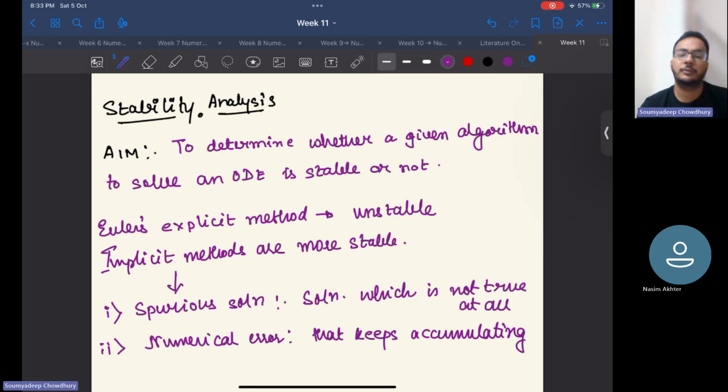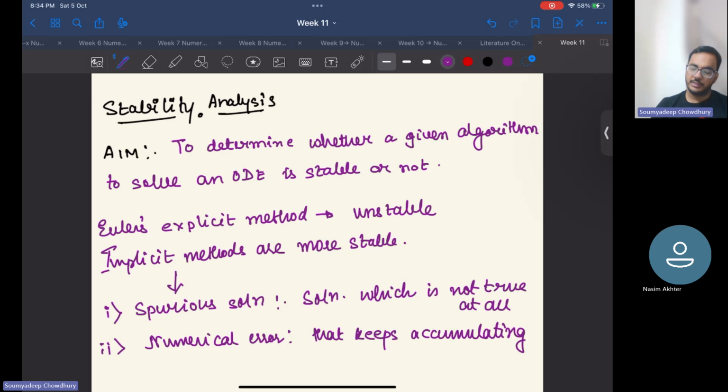So there are two types of solutions. One is the spurious solution, and the other is the numerical error.